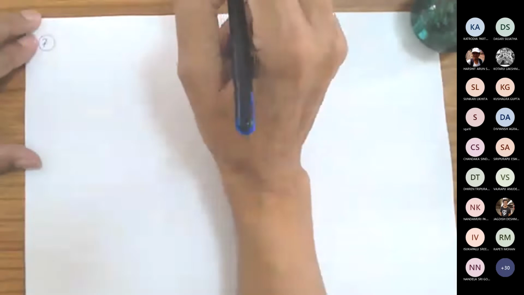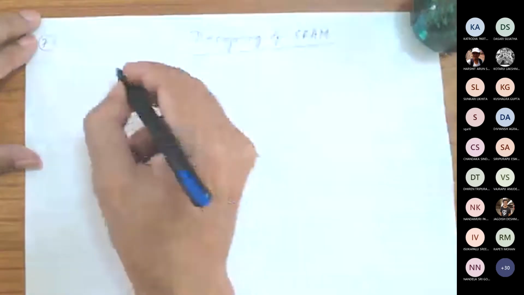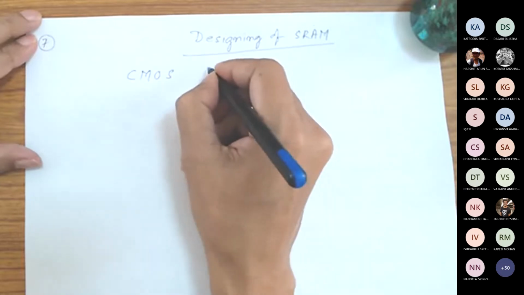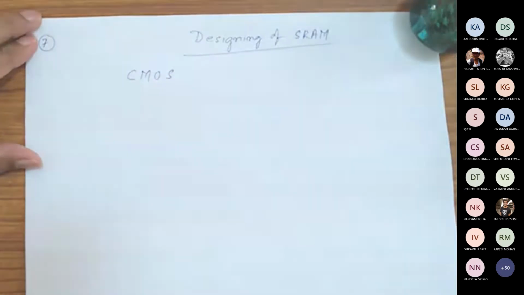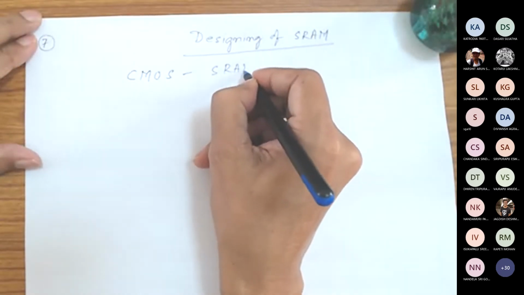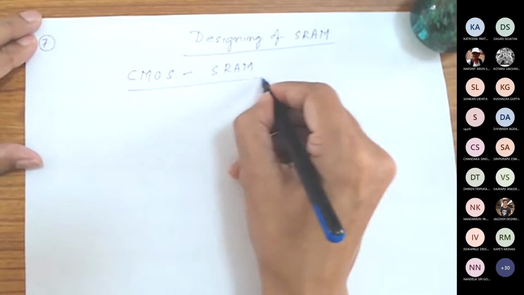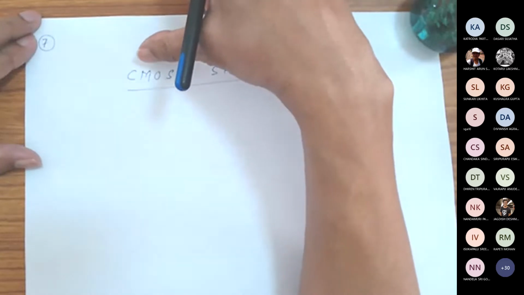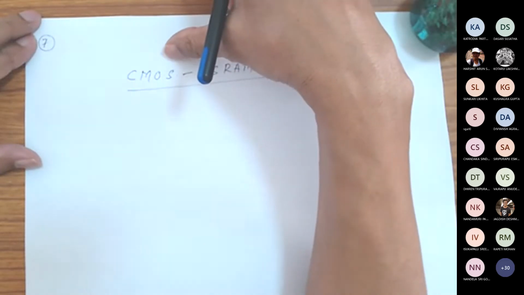Let's say we are using a CMOS static RAM cell. CMOS stands for complementary metal oxide semiconductor.